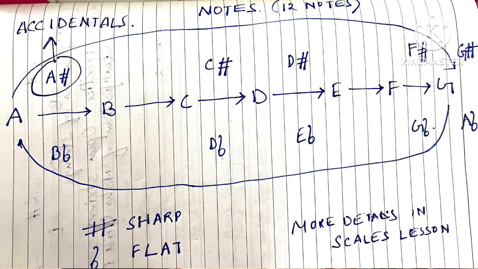And after G, this cycle goes back to A. And in between G and A, we have one accidental note that can be called G sharp or A flat. G sharp because it is coming after G, and A flat because it is coming before A. So if you see, there are basically 12 notes comprising Western music, not the theory, the basic alphabets, the basic notes.